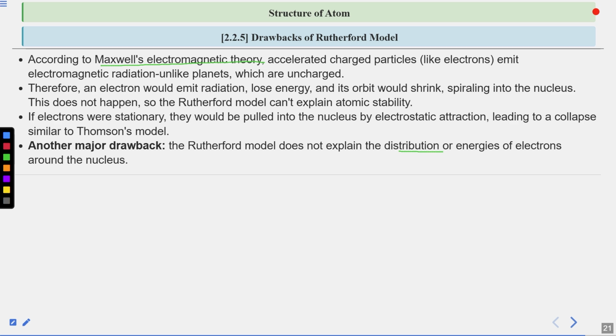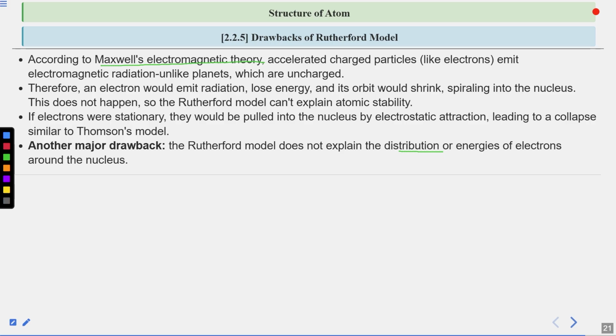That means it is under acceleration. So, according to Maxwell's theory, it will emit electromagnetic radiation. That means it is radiating energy, because electromagnetic radiation is a form of energy. Finally, it will lose all of its energy and fall into the nucleus. So this was questioning the Rutherford model, because in this situation the whole stability of the atom would be gone.